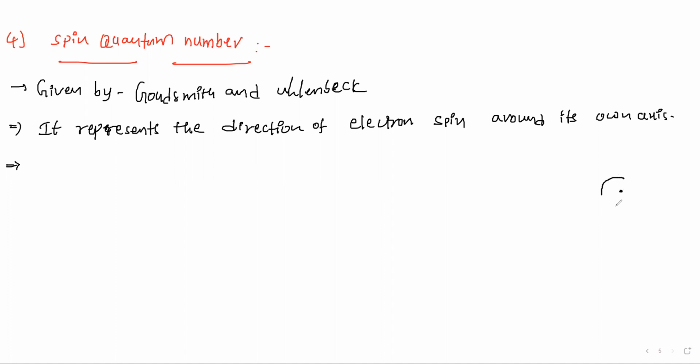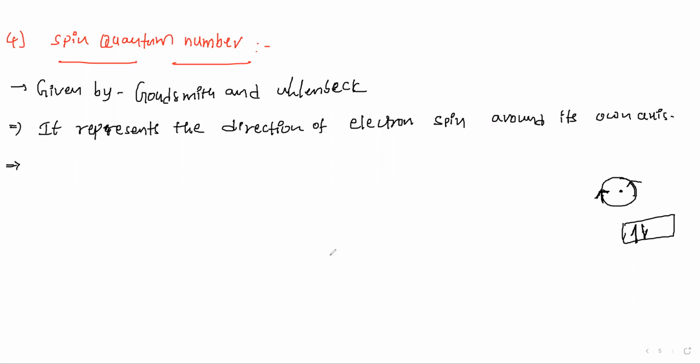Actually, the electrons are revolving around the nucleus. The electrons may revolve in one of two ways: one is clockwise direction and the other is anti-clockwise direction. That means in an orbital, one electron will rotate clockwise and the other will rotate anti-clockwise. This upward arrow is the clockwise direction and this downward arrow is the anti-clockwise direction.